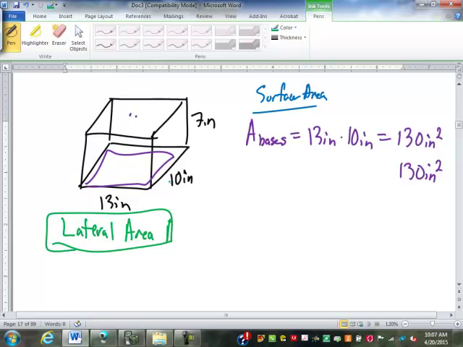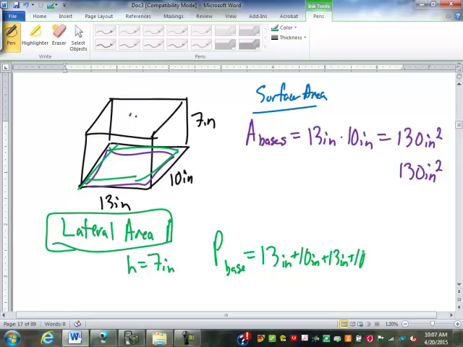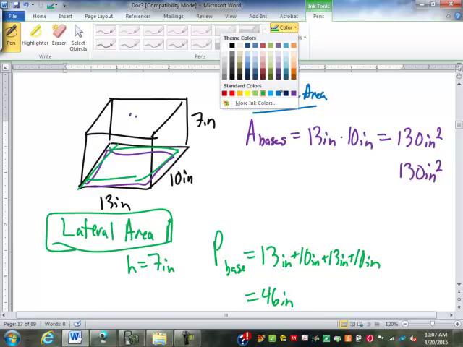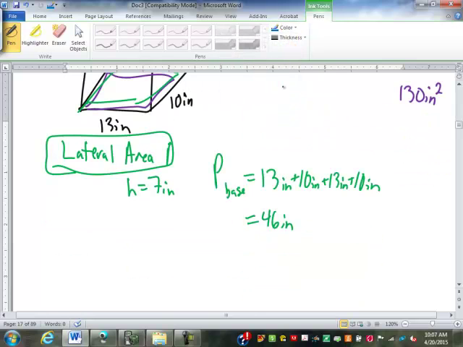I need to know the height is 7 inches, and then I need to know the perimeter of the base is 13 plus 10 plus 13 plus 10. Otherwise known as 46 inches. And then lateral area is 46 inches times 7 inches.